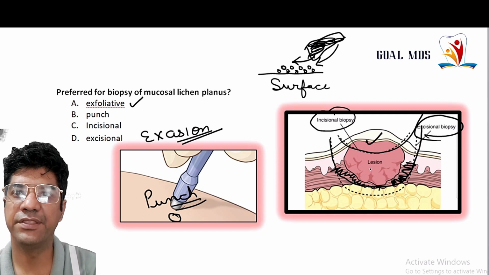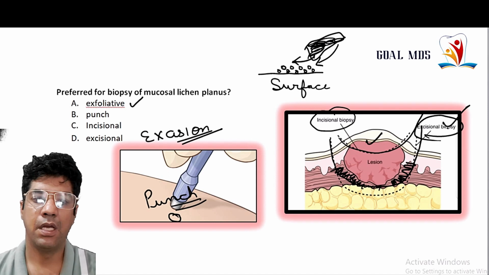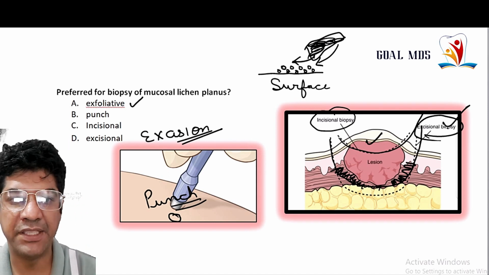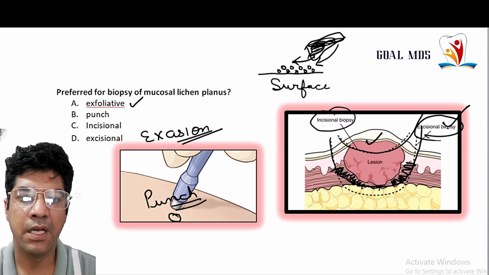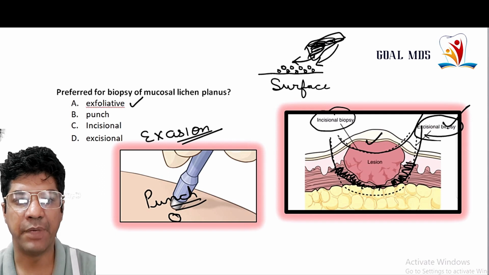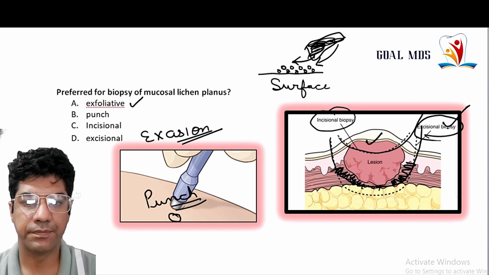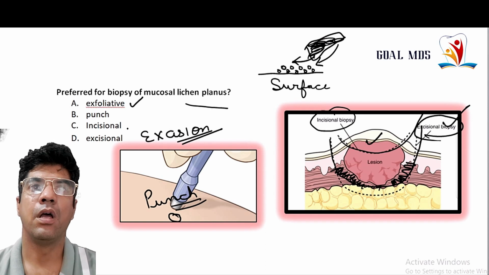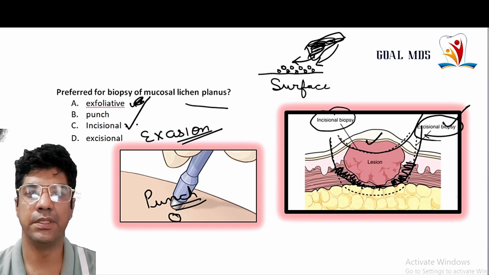So removal of the lesion along with the surrounding normal tissue is excisional biopsy. It is done in situations where the lesion is small, well defined, and when complete removal is necessary for both diagnosis and treatment. So for mucosal lichen planus, the one to prefer is the incisional biopsy.